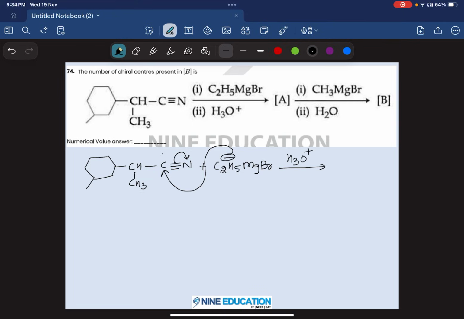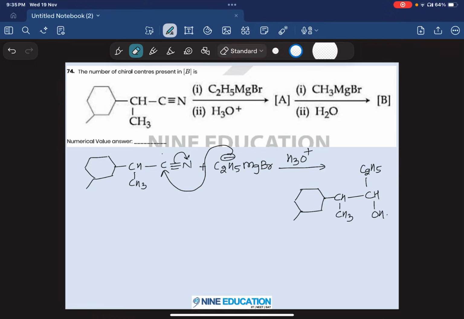upon hydrolysis after this step, the formed product would be, the ammonia gets eliminated. Instead of ammonia, there will be CHOH. Alcohol is formed instead of ammonia.